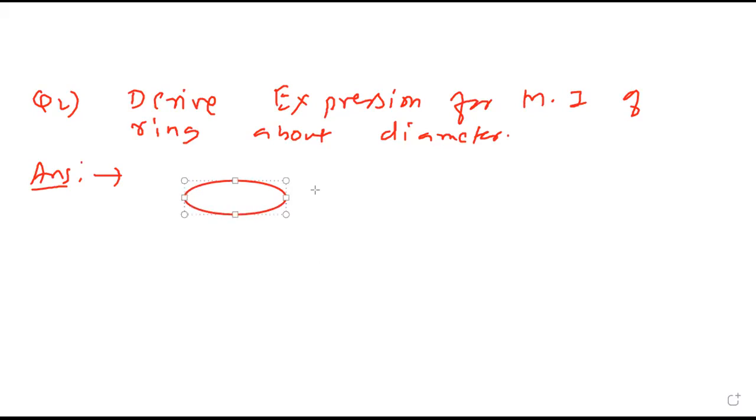So if this is a ring, about this axis passing through center, we have to learn it by heart. I said proof is excluded from the syllabus. So moment of inertia about the standard axis, by hearting, it is mr square.